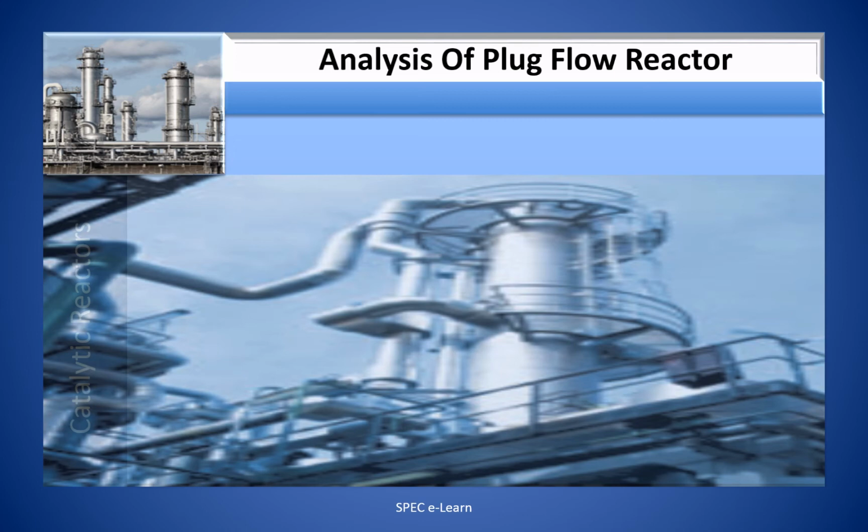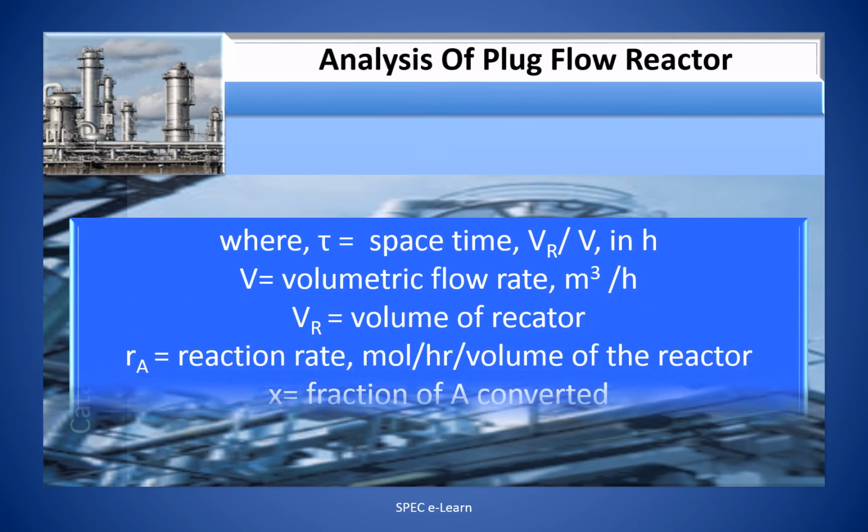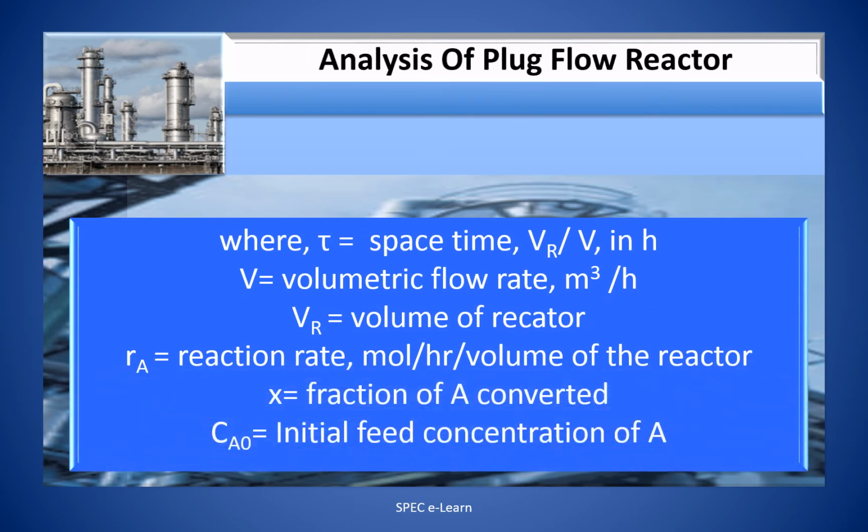Where tau is the spacetime in hours, V is the volumetric flow rate in meter cube per hour, Vr is the volume of the reactor, Ra is the reaction rate in moles per hour per unit volume of the reactor, X is the fraction of A converted, and Ca0 is the feed concentration of A at the reactor inlet.